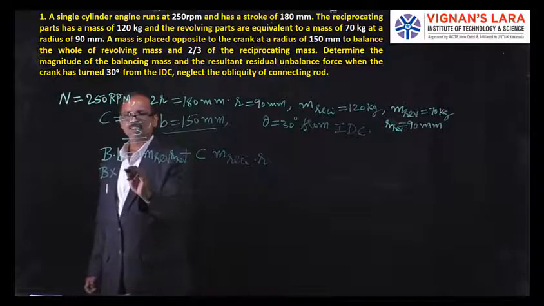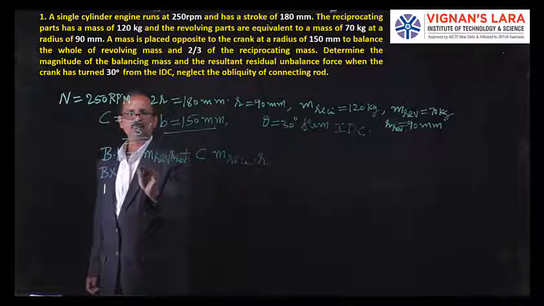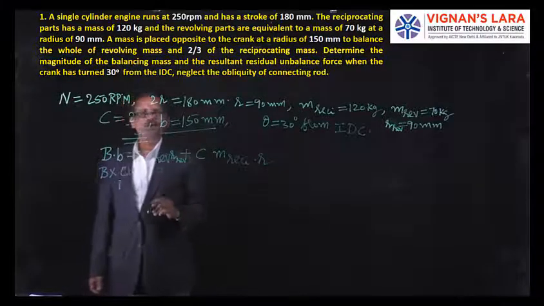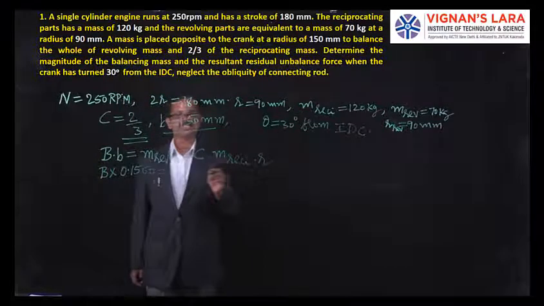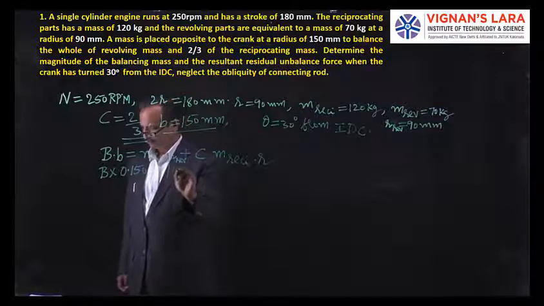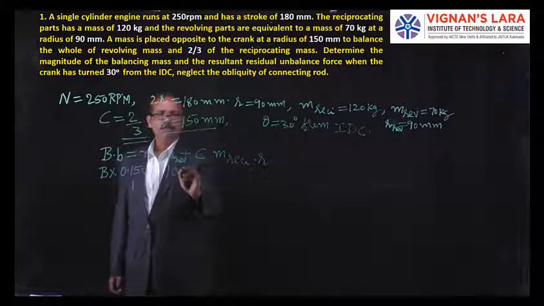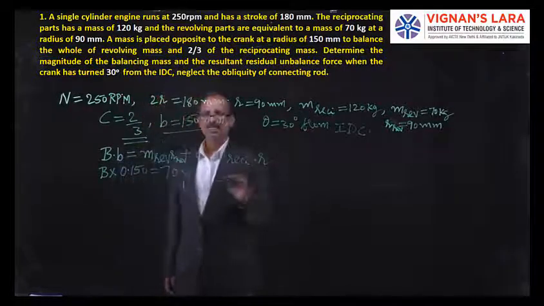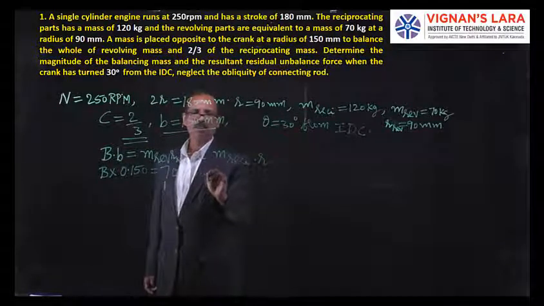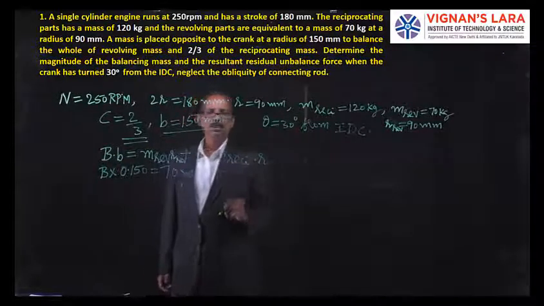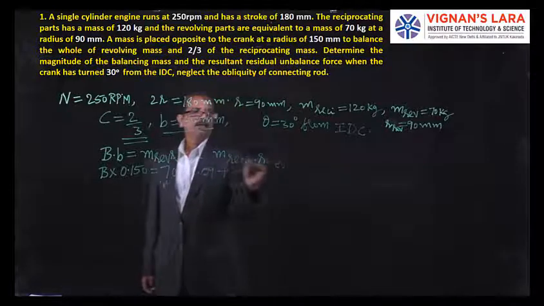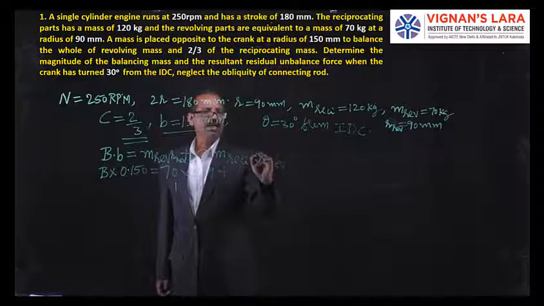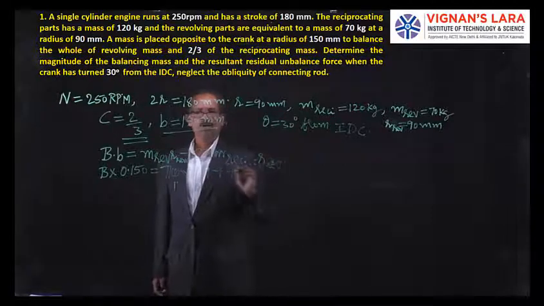So this is 0.150. Then what is the mass of the revolving mass? It is 70 kg. And at what radius is it? 90 mm, that is 0.09. Then the reciprocating mass, where it is kept at the same radius r.